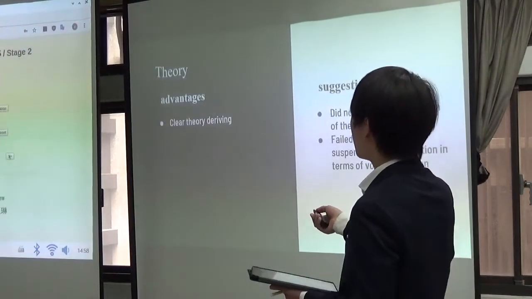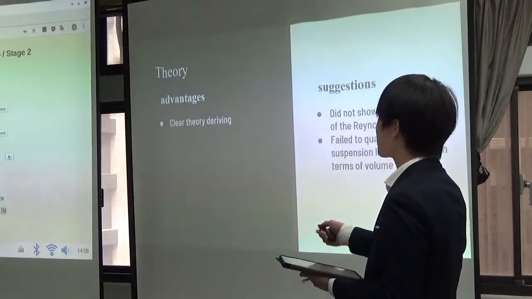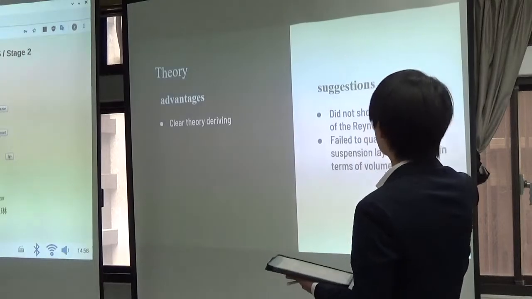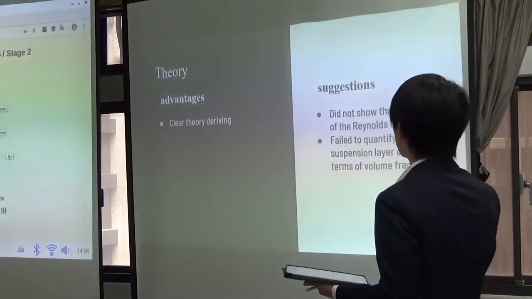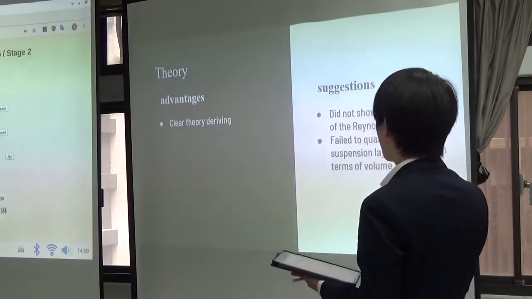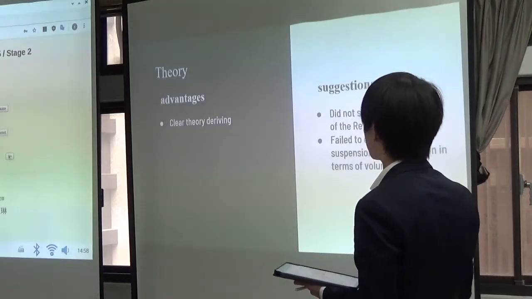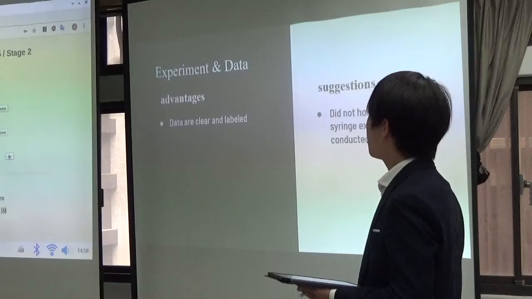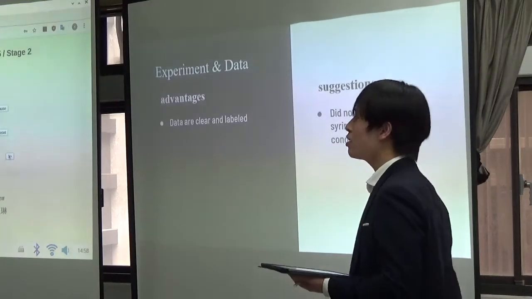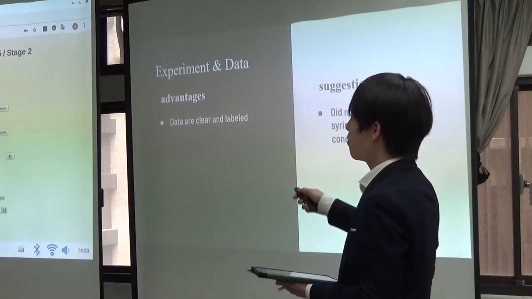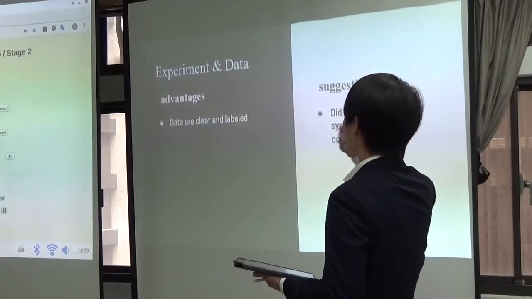For the theory part, an advantage would be that he has a clear theory derivation. However, some suggestions would be that first, he did not show the calculation of the Reynolds number, and secondly, he failed to quantify the suspension layer definition in terms of volume fraction. For experimental data, the advantage is that he has clear data, and every chart is correctly labeled.